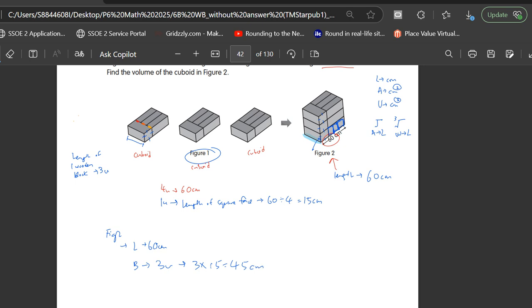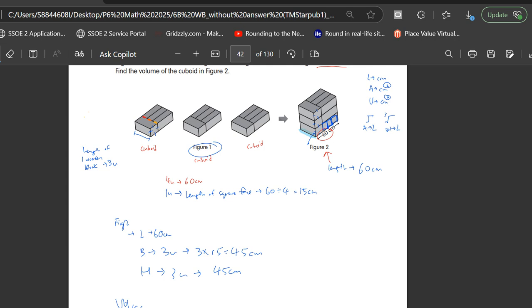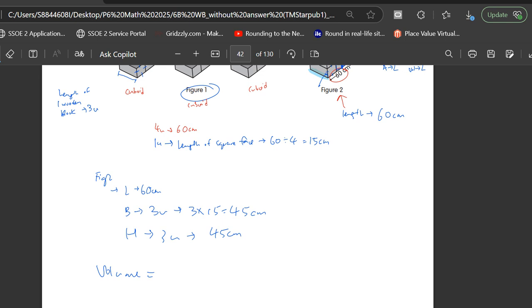Okay? So what's the height? Very good, also the same. What's the volume? Okay, what's the units?